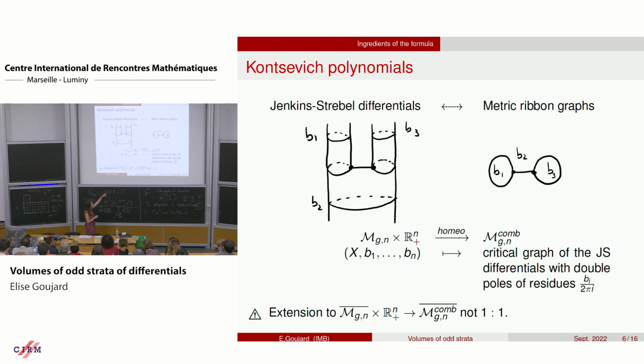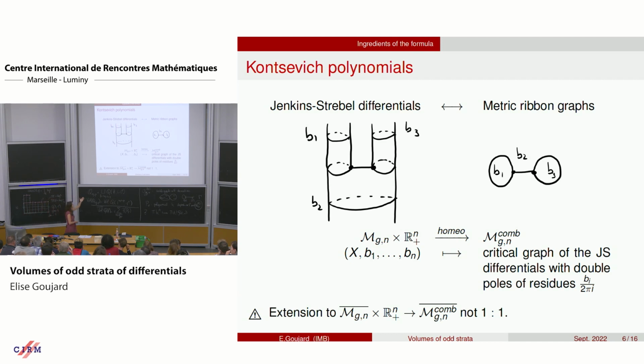There exists a natural compactification of this combinatorial moduli space by considering stable ribbon graphs. You know about the Deligne-Mumford compactification of M_{g,n} by stable curves, so you can try to extend this map to the compactification. You have to be careful because the extension is not one-to-one. The issue is that when you consider stable curves in M_{g,n} bar that have some components without marked points, you don't see them in the critical graph.